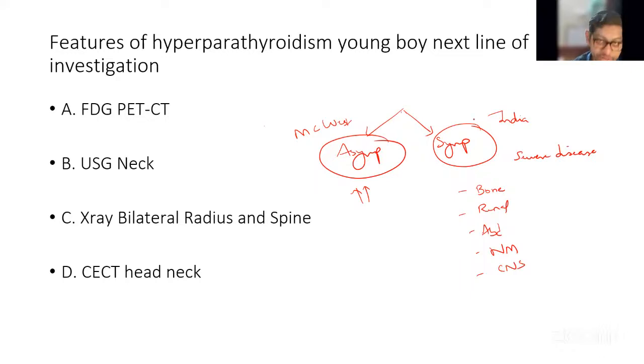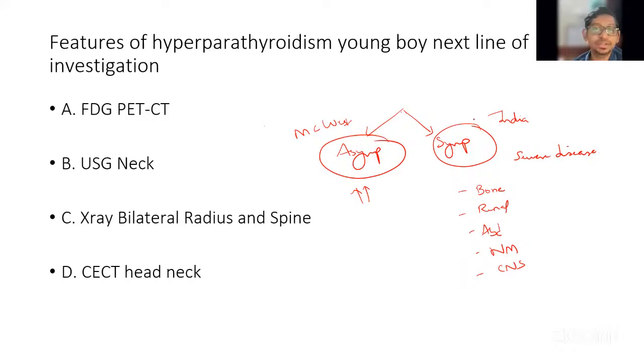Bone manifestations: you can have bony swelling, osteoporosis, demineralization of the bone, pathological fracture, severe bone disease, and they may even have multiple brown tumors. Renal manifestations: you can have medullary nephrocalcinosis, nephrolithiasis, urolithiasis. So these are some of the renal manifestations.